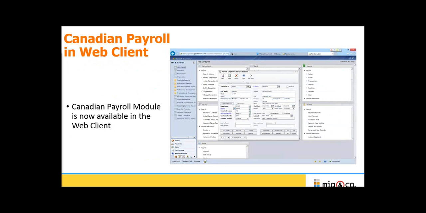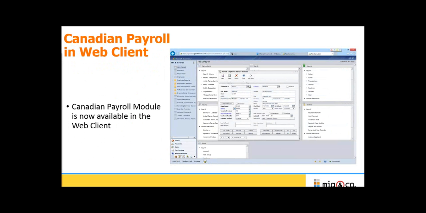If we look at the next slide, we will see the Canadian payroll module. And for those of you not familiar with it, the processing of Canadian payroll is now a part of Dynamics GP 2015 web client and includes the setup of classes and default entries to speed up the entry of pay and deduction records for new employees, for the entry of payroll transactions in batches that can be used either one time or on a recurring basis.